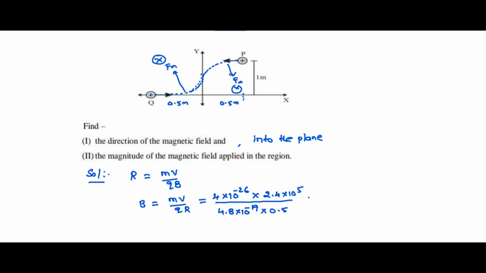If you simplify, this will be 4 into 10 power minus 2 Tesla, that is also nothing but 0.04 Tesla. This is the strength of the magnetic field acting perpendicular to the plane, perpendicular to the XY plane.